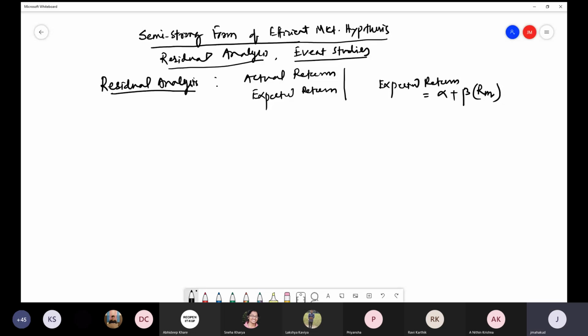I will give you one equation which is already estimated using data, for calculation of expected return for a stock for different periods. I will write 1.33% plus 1.1 into Rm. Your beta is equal to 1.1 and your alpha is equal to 1.33. This is the equation which is given to you.